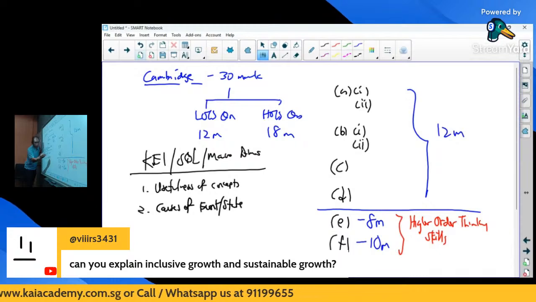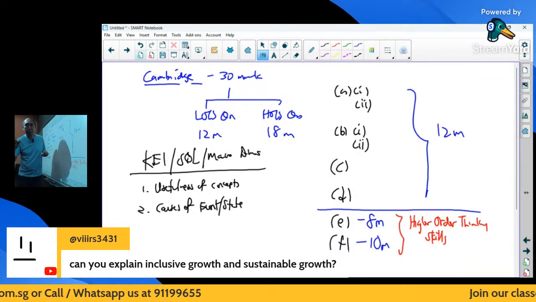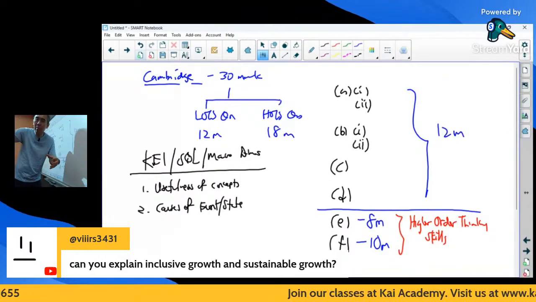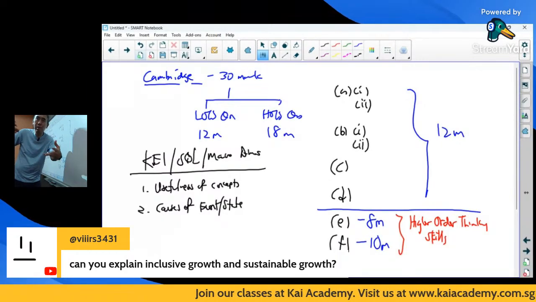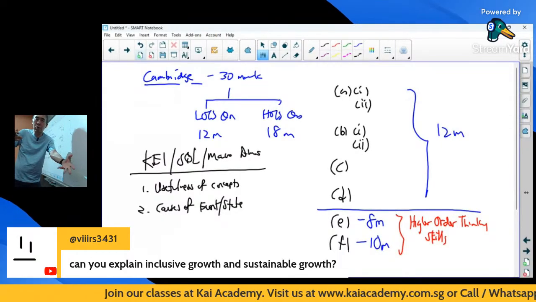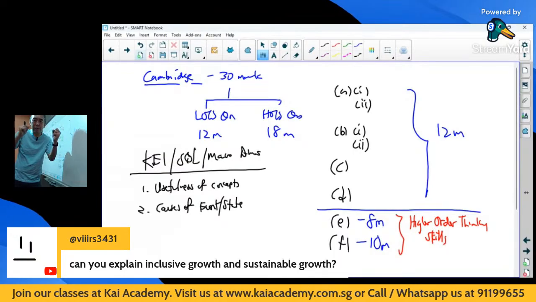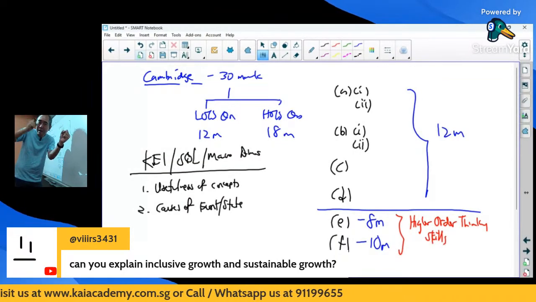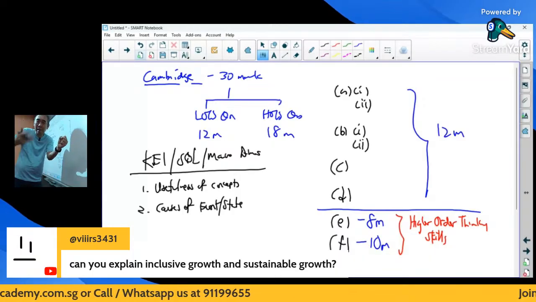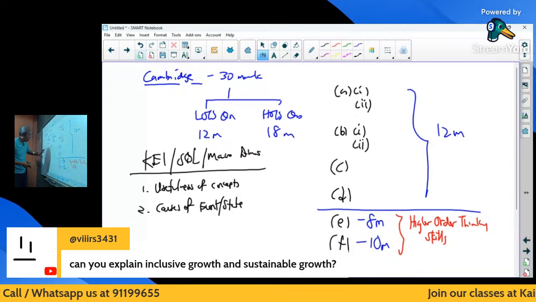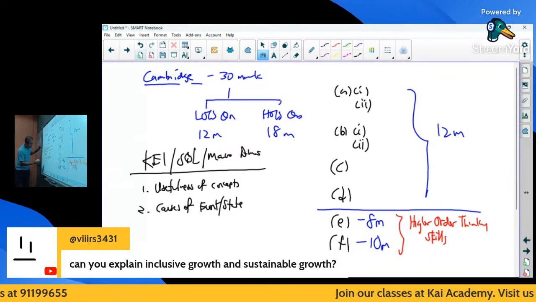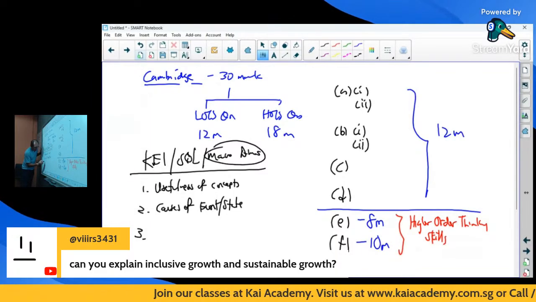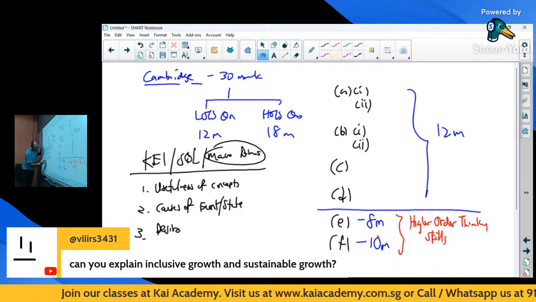So this will be an essay question we went through in class before: to what extent does economic performance of a country influence the overall SOL of the people of a country? That means how important is economic performance to SOL? Are there other things beyond economic performance that matter to SOL? So that will be a second question type that is popular. Then the third question is more pertaining to macro aims, which is desirability of state.